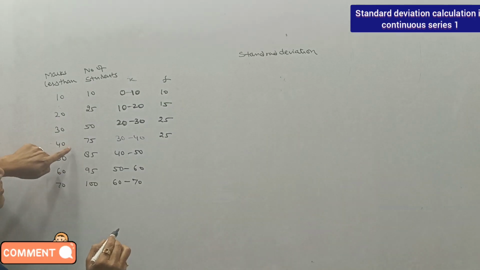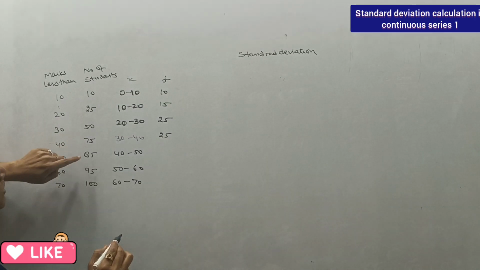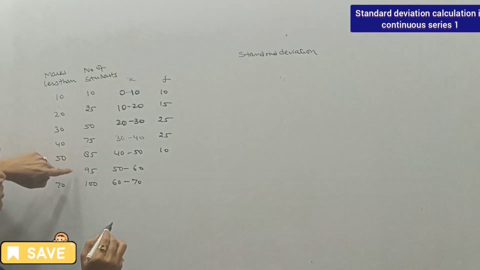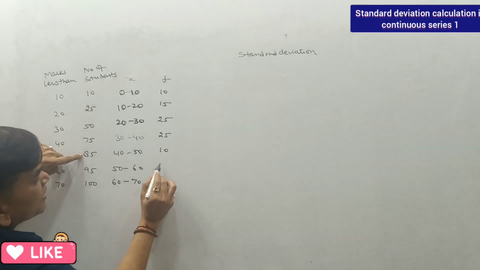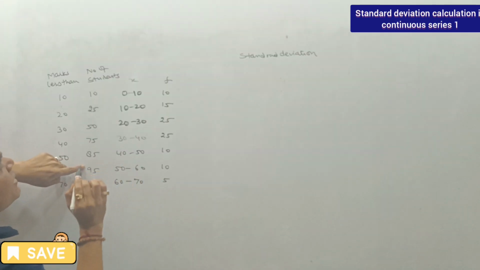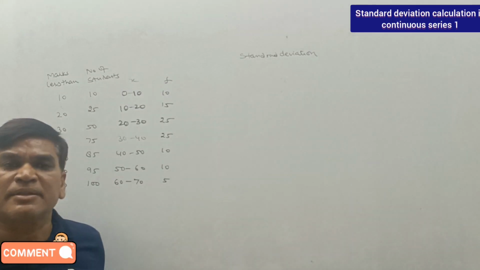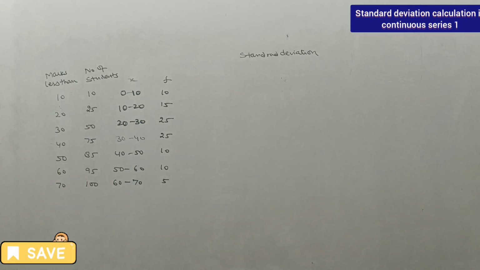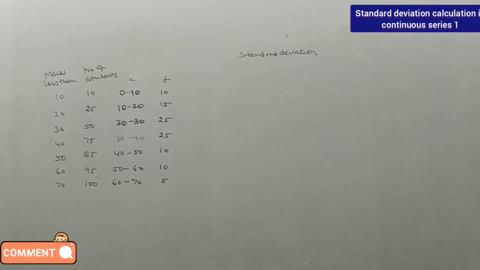Then for 40 to 50, 85 minus 75, that is 10. Then 50 to 60, 95 minus 85, that is also 10. And 100 minus 95, that is 5. So from the less than marks, we first make the class intervals in this way.